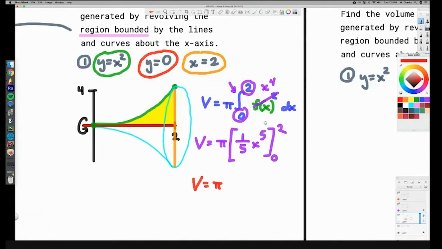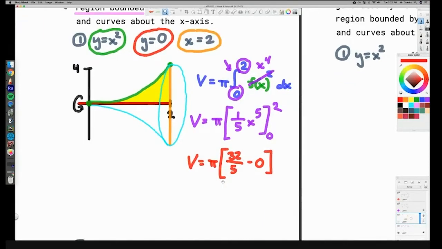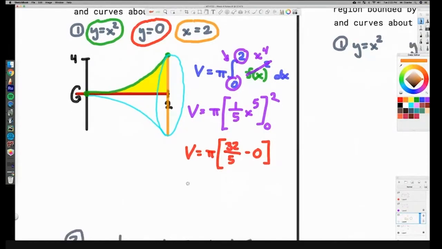You plug 2 in here and you get 2 to the 5th, which is 32 over 5. You plug in 0, you get 0. So you're just subtracting 0 here. So I plugged them both in and subtracted them. And your final answer is equal to 32 pi over 5.